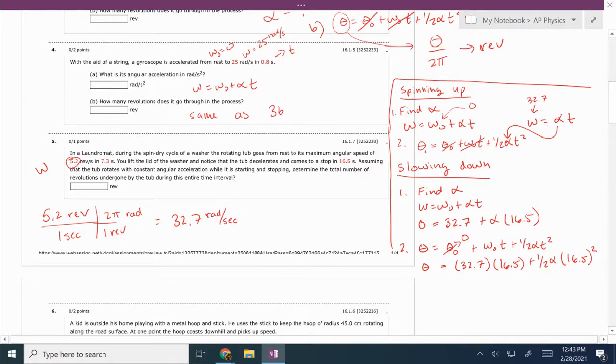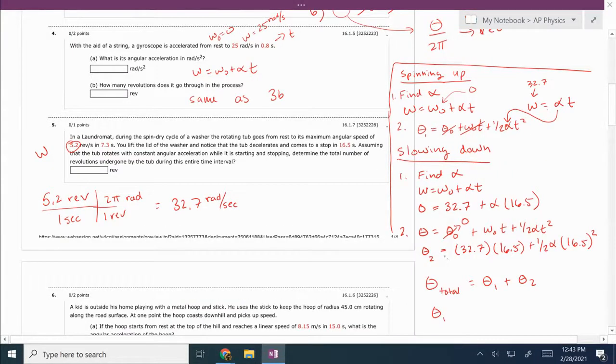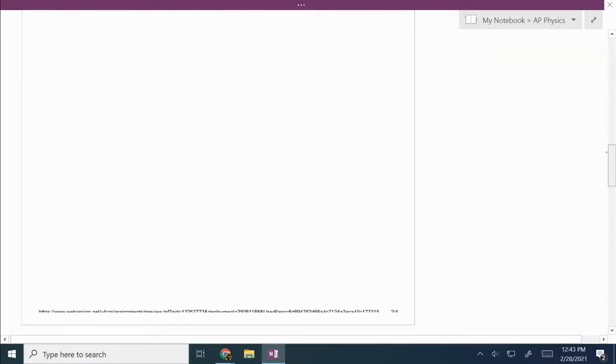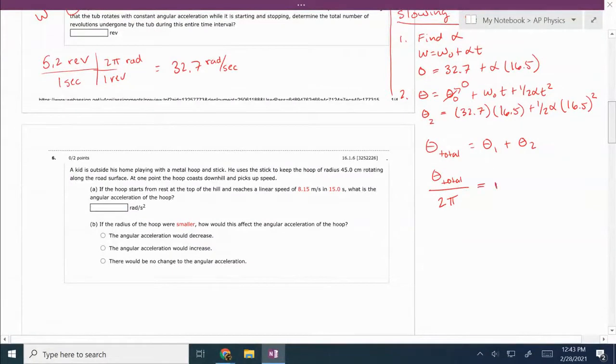If I call this theta 1 and this theta 2, theta total would equal theta 1 plus theta 2. And then to get it into revolutions, you just have to do theta total divided by 2 pi equals revolutions. So that would be your last step.